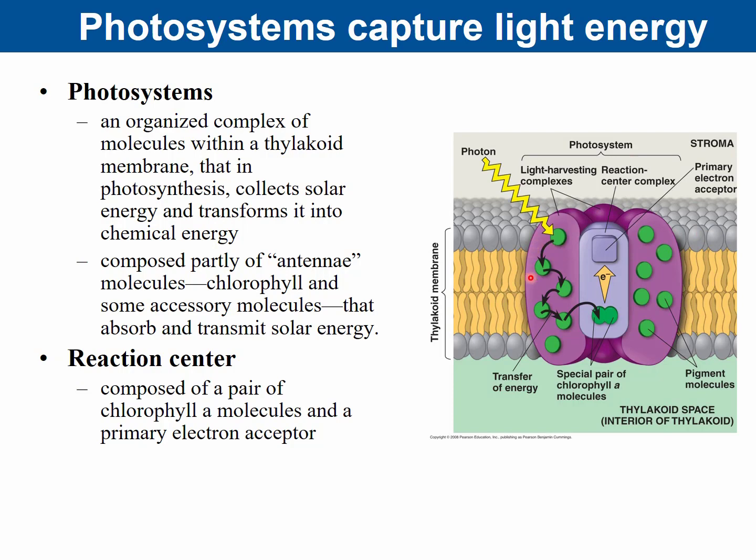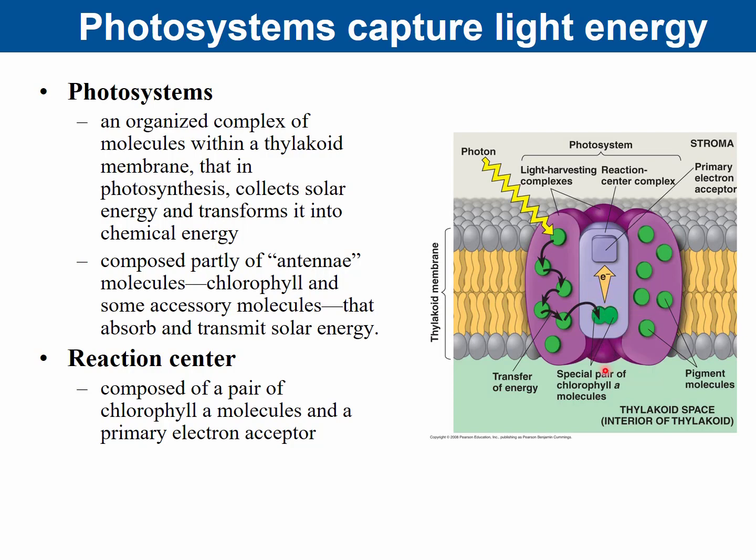And so if you look here at this photosystem, notice that here on the side are varying pigment molecules. And remember that these pigments absorb light. And so these pigments are going to absorb that light energy, and they're going to pass that energy on. And that energy is eventually going to end up in this reaction center. And in the reaction center is a special pair of chlorophyll A molecules.